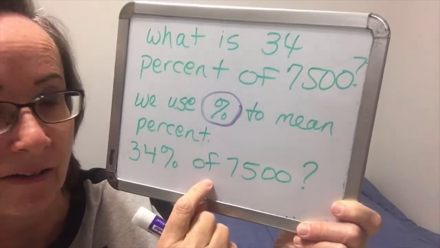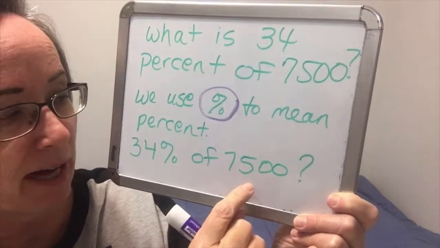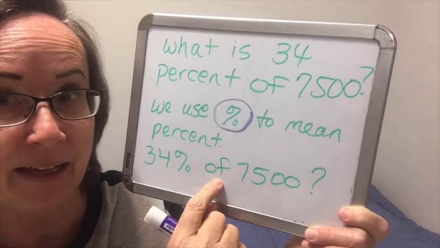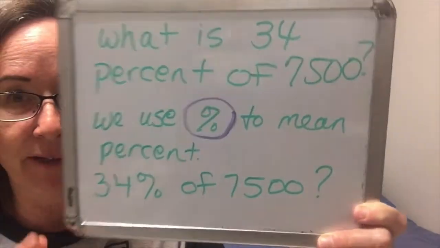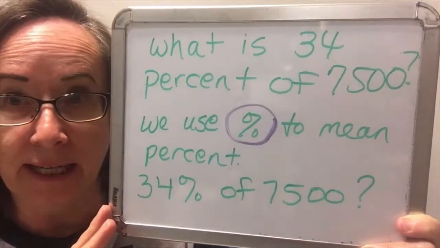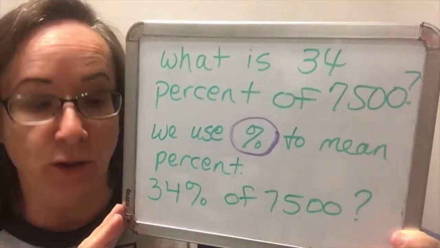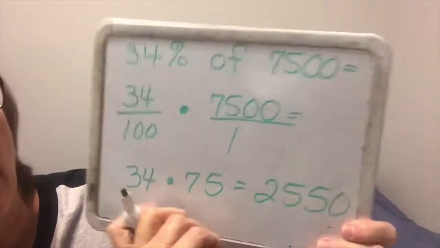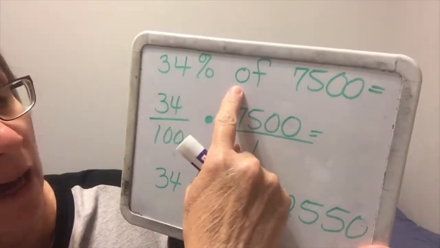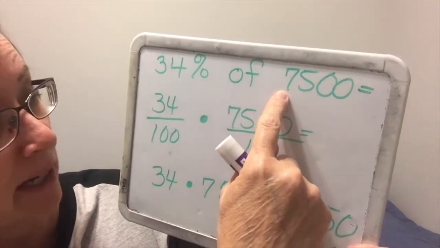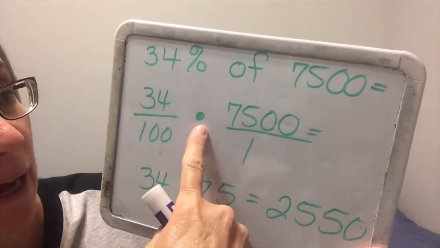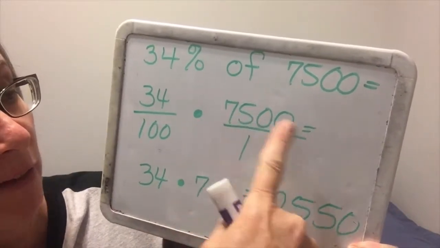34% of 7,500 is going to be 34% times 7,500. Anytime we see an of in a word problem, we will use times instead, okay? So again, 34% of 7,500 is 34/100ths times 7,500.